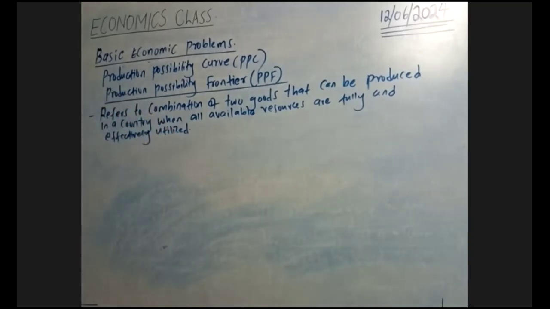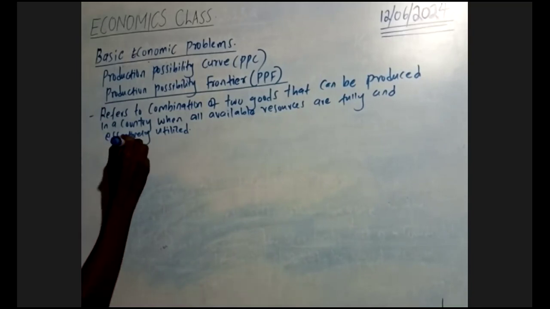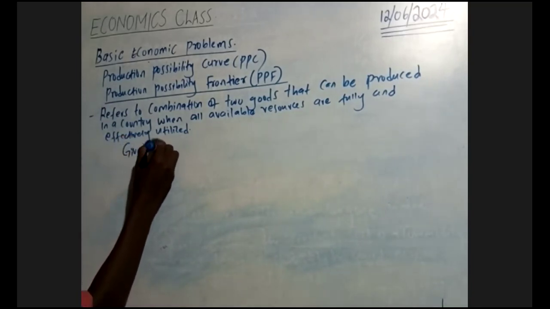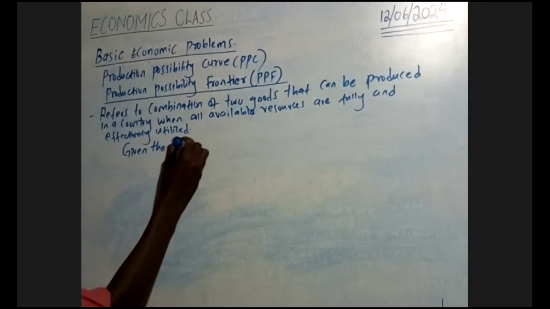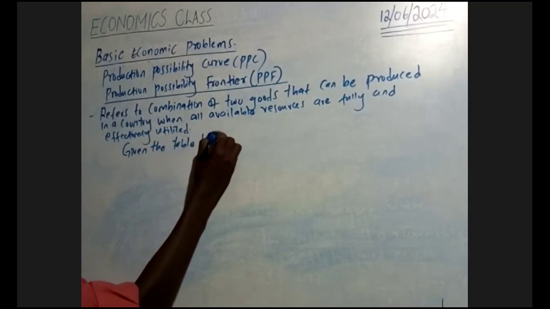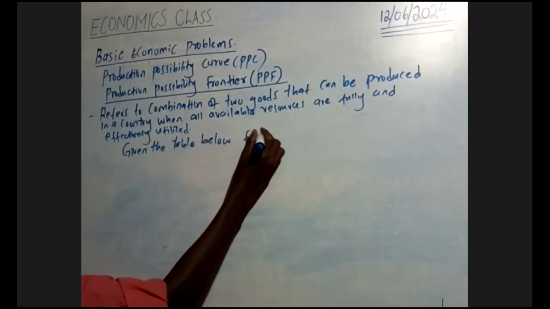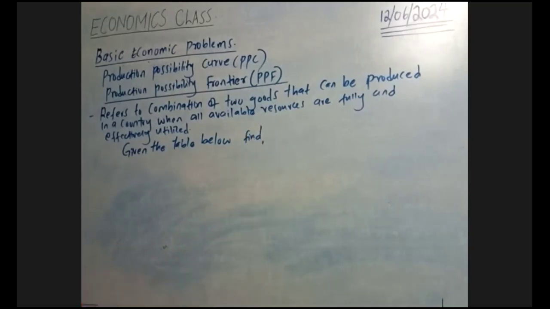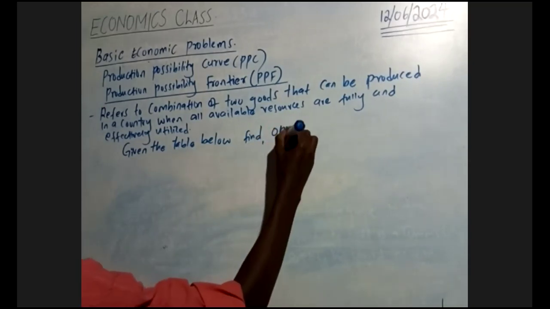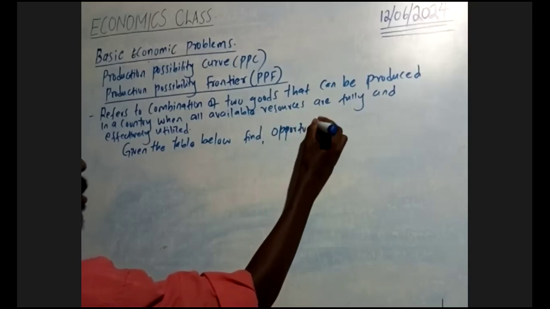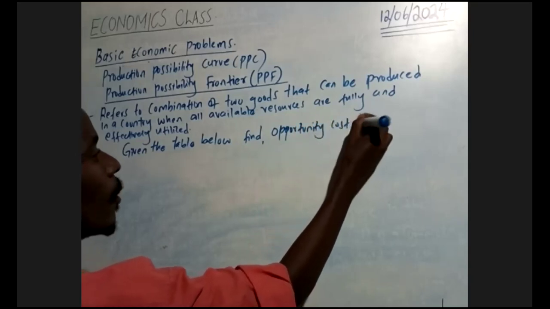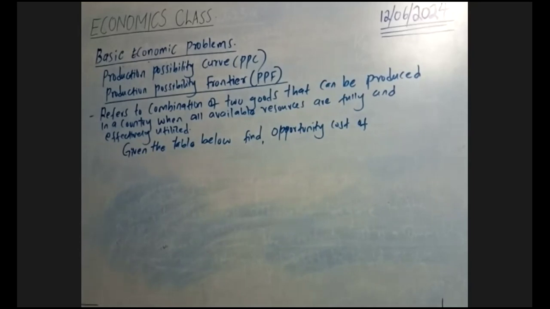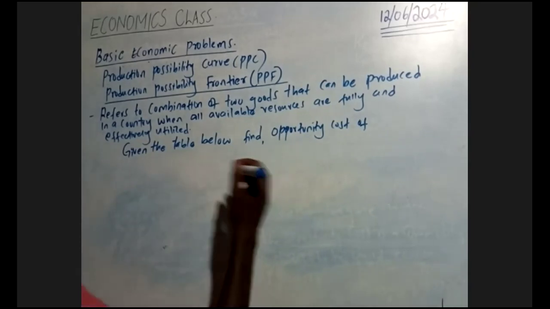So this is the question. Given the table below, find the opportunity cost of an additional bag of rice.